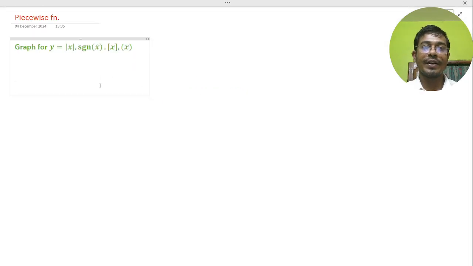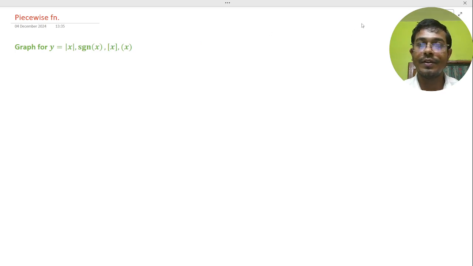Basically graph for y equal to mod x, signum x, and box x. This is basically the box, the greatest integer function and the least integer function, or the greatest integer function or stepwise function or floor of x.